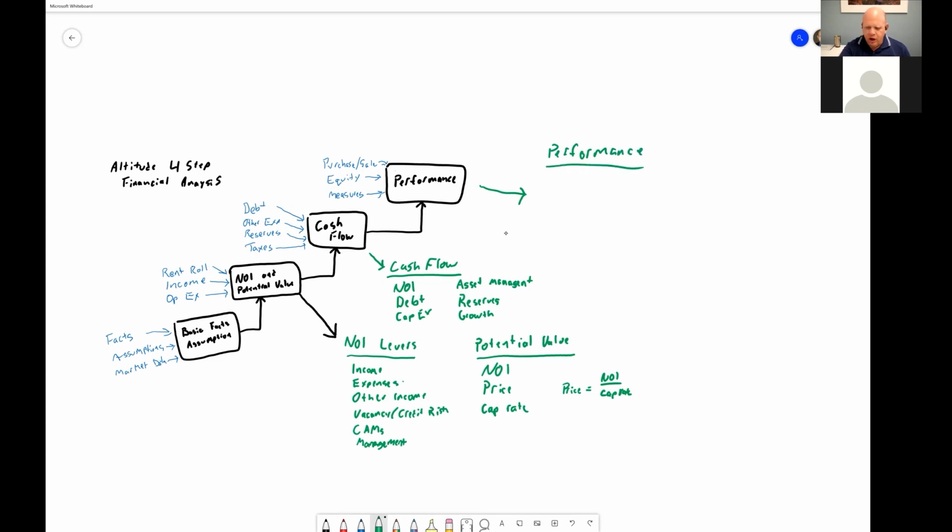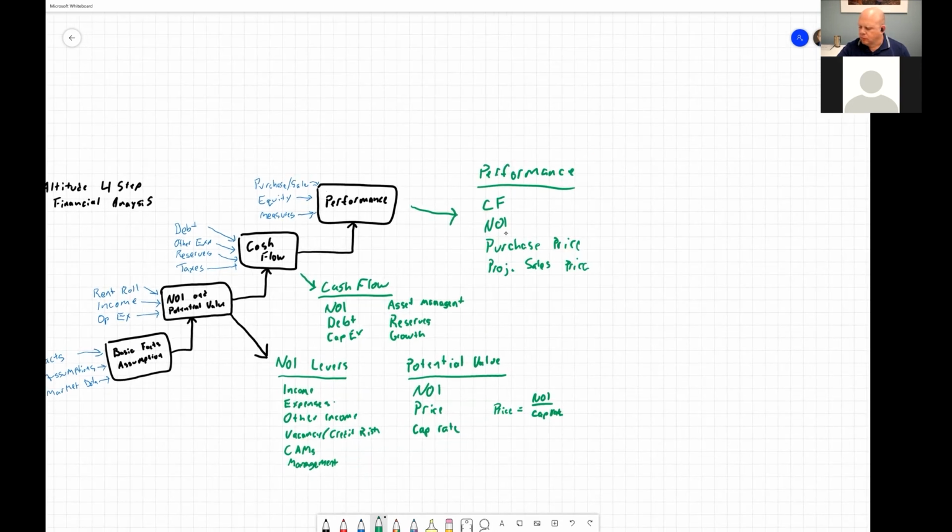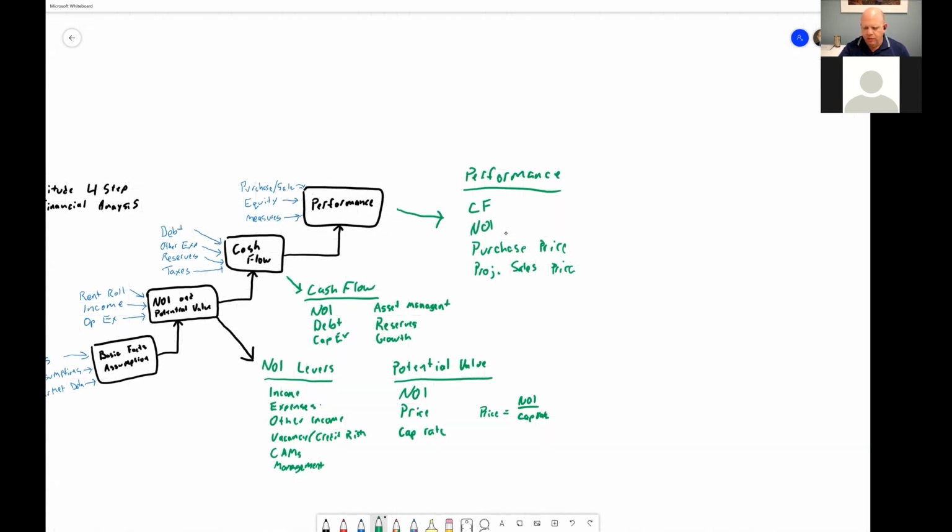Now, performance has its own levers, obviously. So here we've got, just like we talked about, we have our cash flow. It comes up, and because it comes up, NOI is also a lever. We have the price we're willing to pay, and then the projected sales price. We have sales fees.